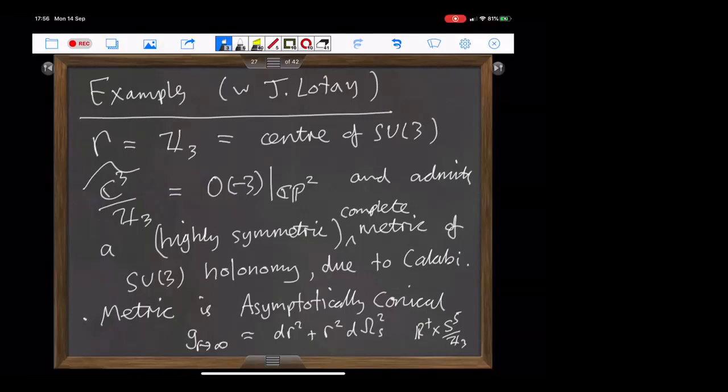And it's known that this manifold admits a very symmetric, complete metric of SU3 holonomy that was originally written down by Calabi. And this metric is asymptotically conical, in fact, asymptotically locally Euclidean. So it's a cone over S5 mod Z3.